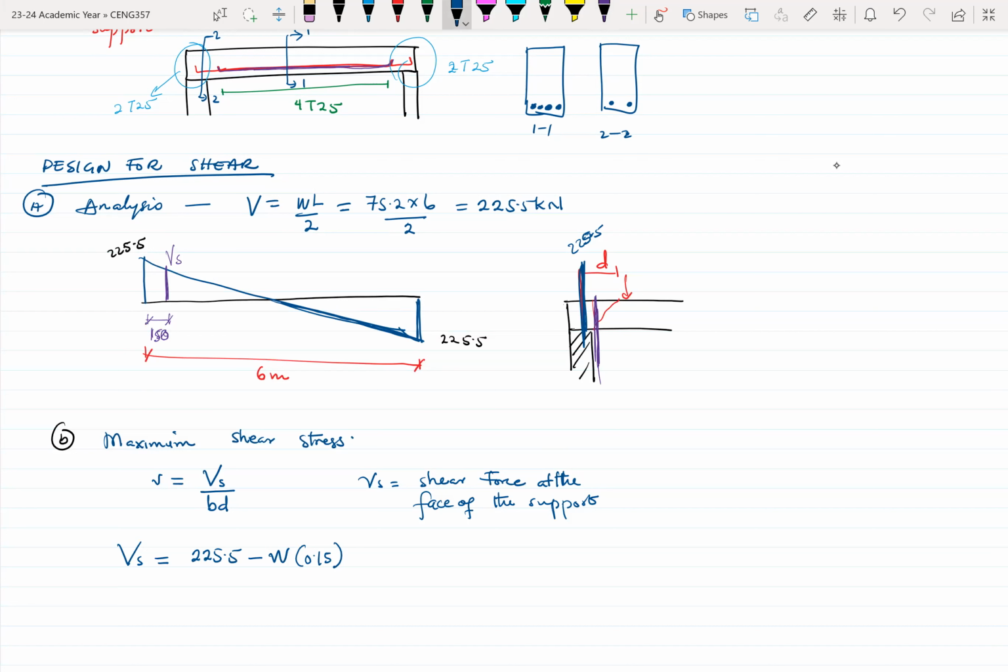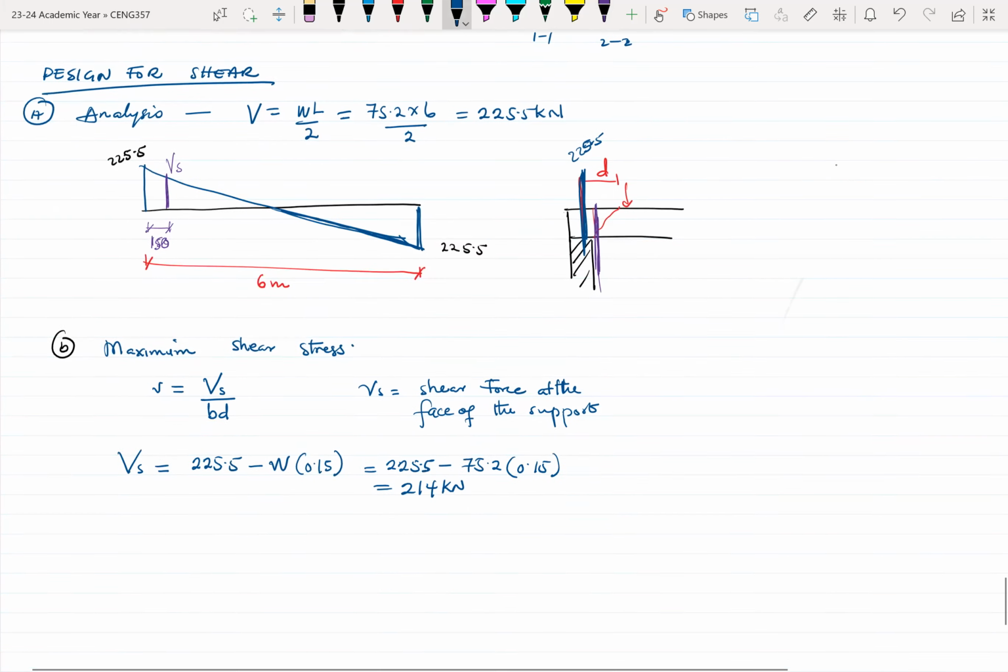All right. So if we do that, this will become 225.5 minus 75.2 times 0.15, and this will be approximately 214 kilonewtons. And this is the shear force at the face of the support.